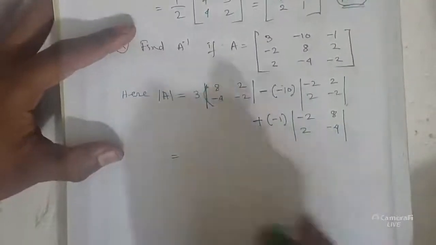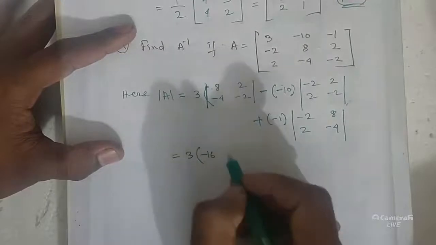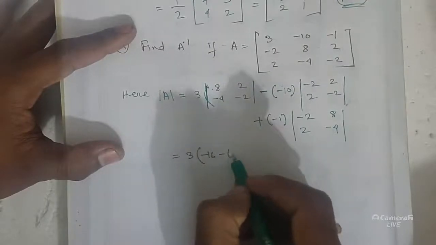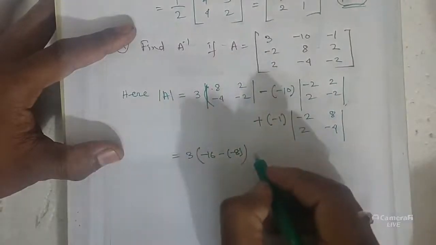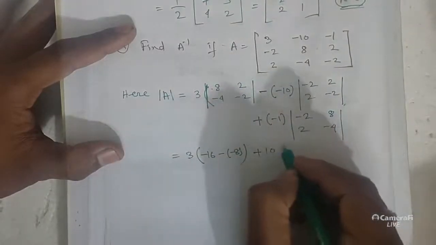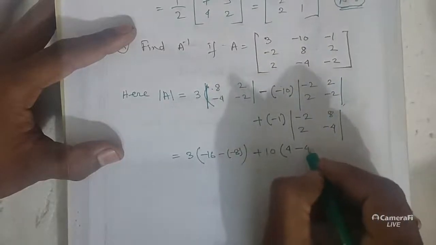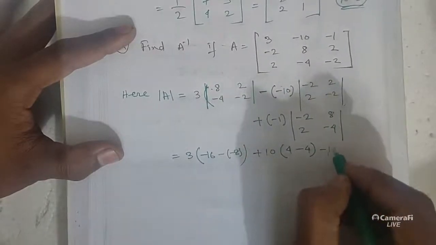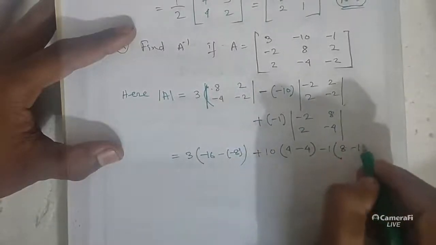Now expand it. So 3 into minus 16 minus of minus 8, plus 10 into minus 2 4 minus 4, minus 1 into, here it is coming 8 minus 16.